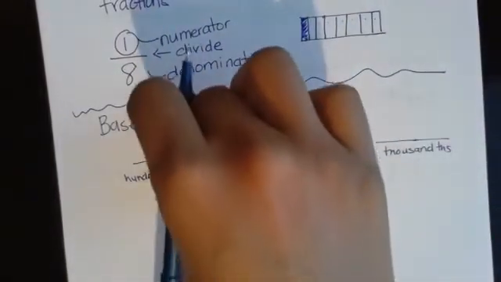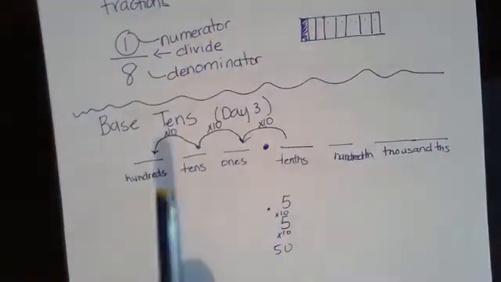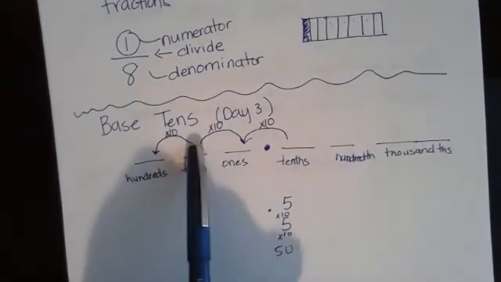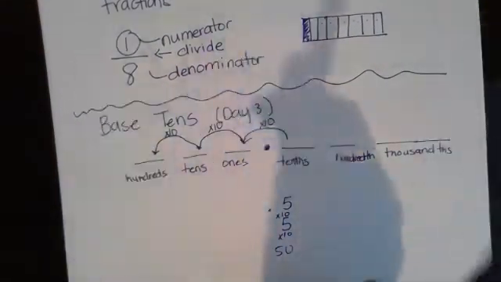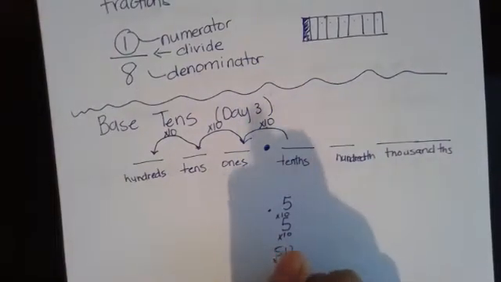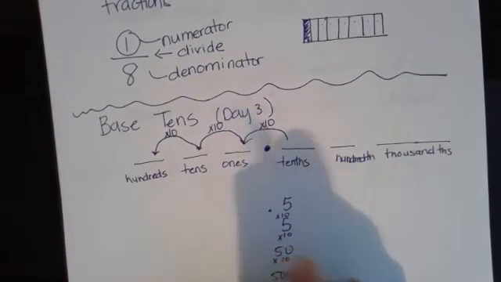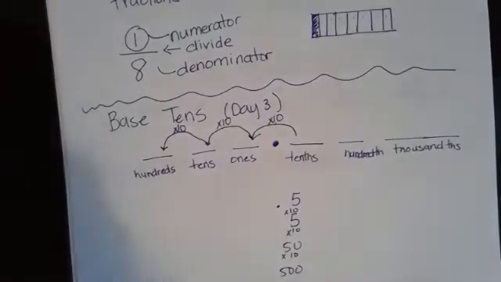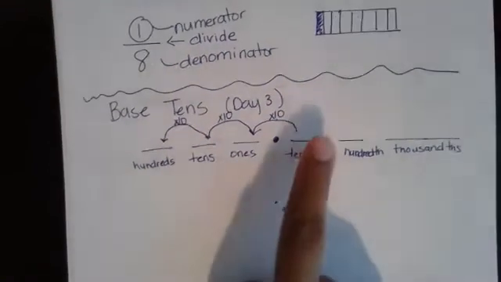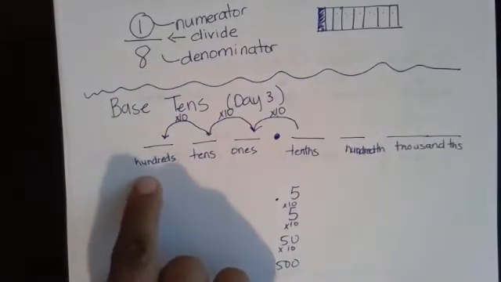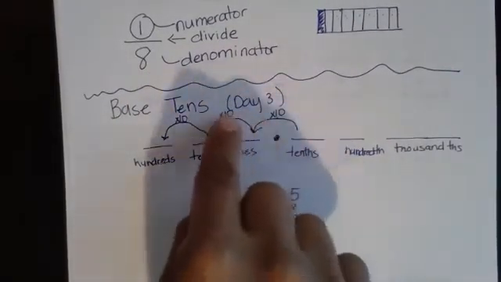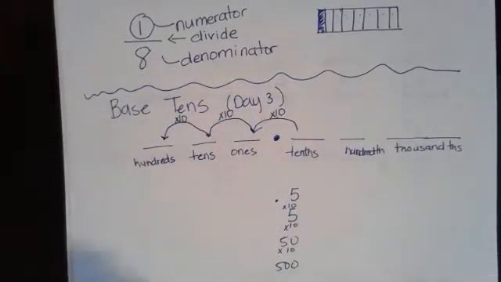And so if I have a 5/10 on the 10th spot and I moved it over here, I would be simply multiplying by 10 as well. So that would make me 500ths. So every time I shift one place value up, I'm really multiplying by tens. So if I had this huge jump from tens to hundreds, I would be multiplying by 10, 10, 10. So that would mean I would be multiplying by 1,000.